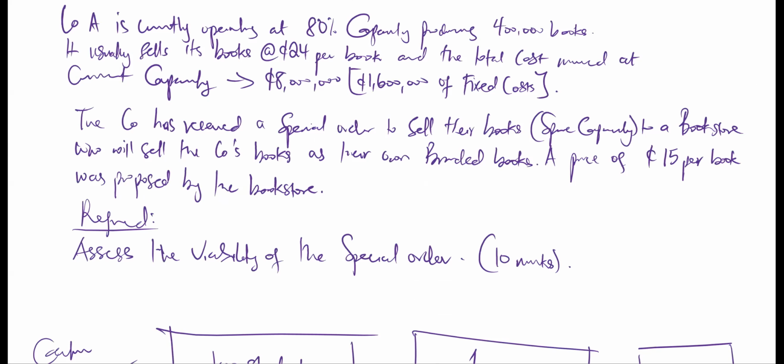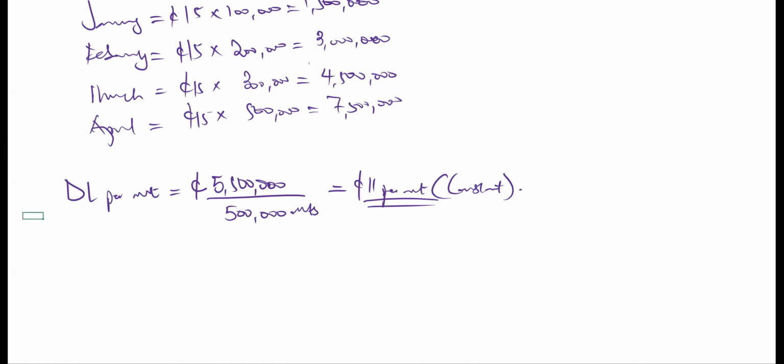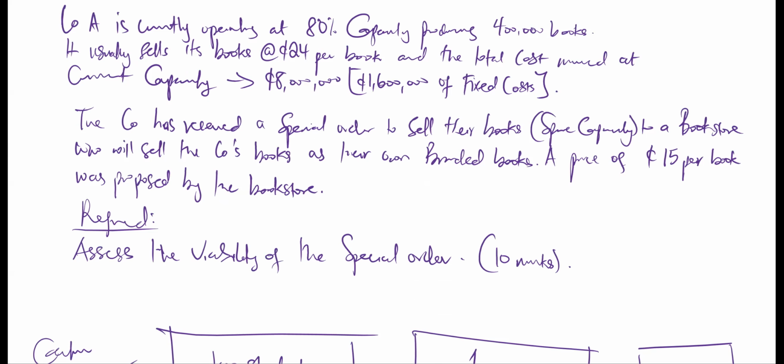So this is the secret about management accounting. Anytime you are doing a question, and it tells you that the company is operating at 70% capacity, 80%, make sure you always find 100%. That's the rule. So they told us that the company is operating at 80%.